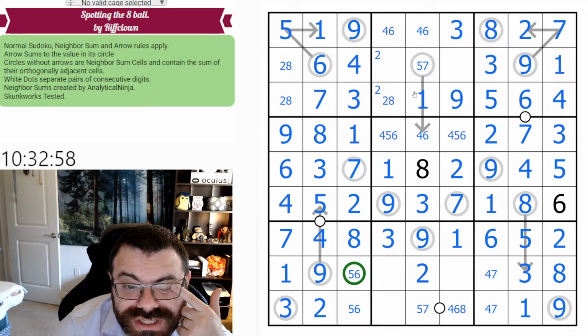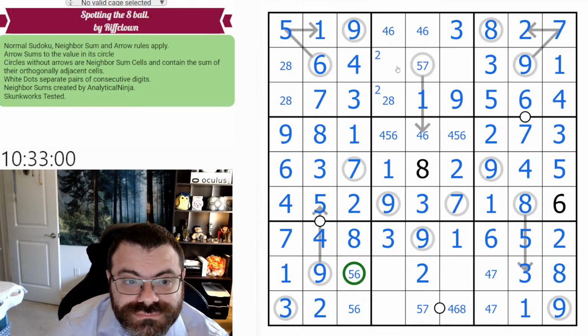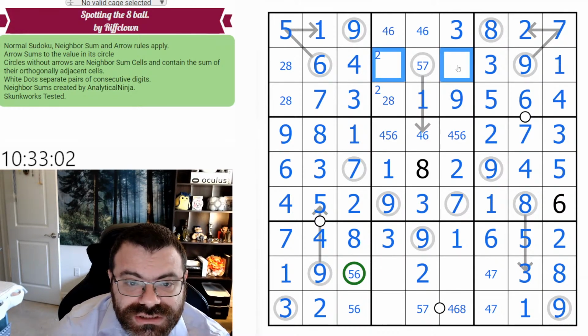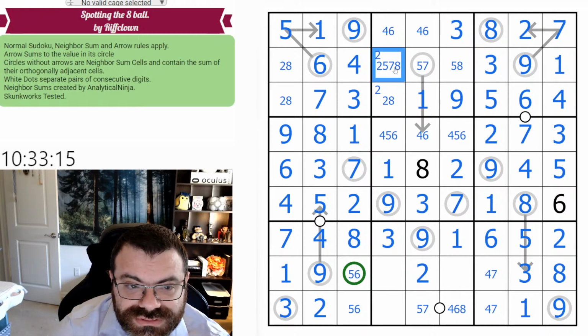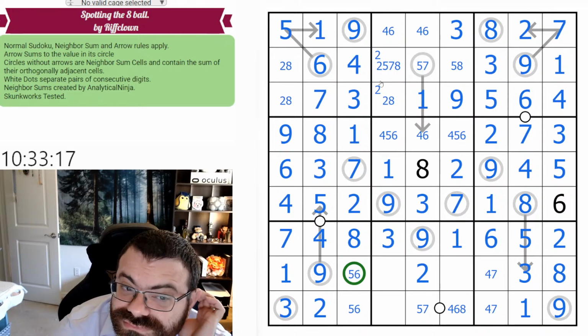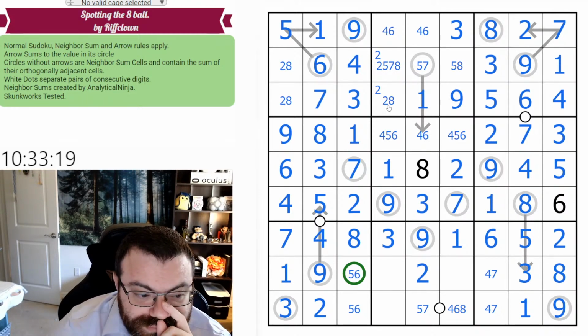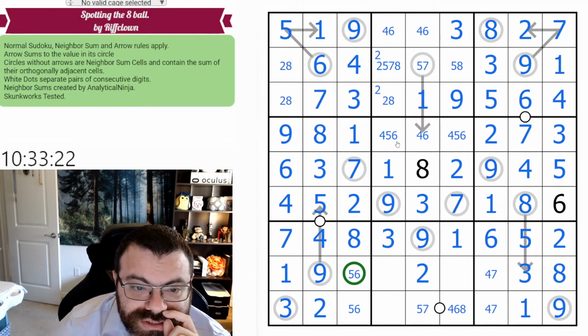Oh, let's keep Sudokuing. In this row, we need 2, 5, 7, 8. It's not a 7. Three in box 1 is placed.